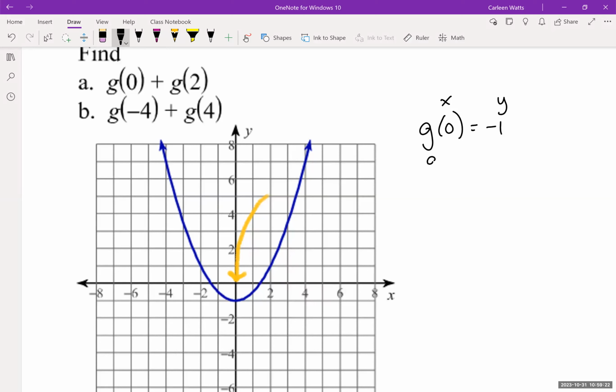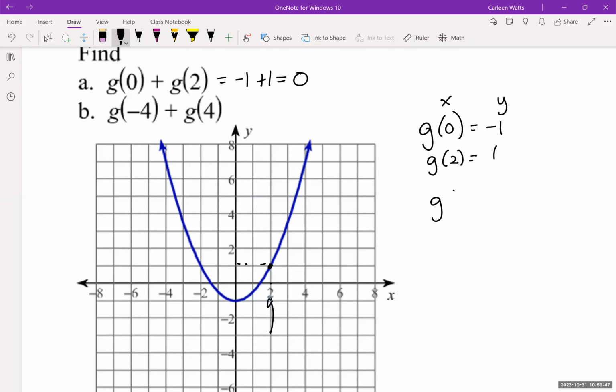What is g of 2? So when the x value is 2, the y value is 1. So that would be -1 plus 1. That would give you 0.